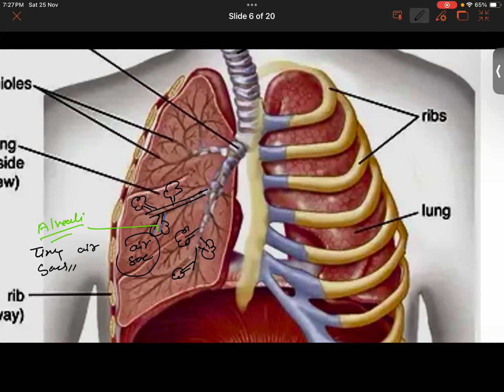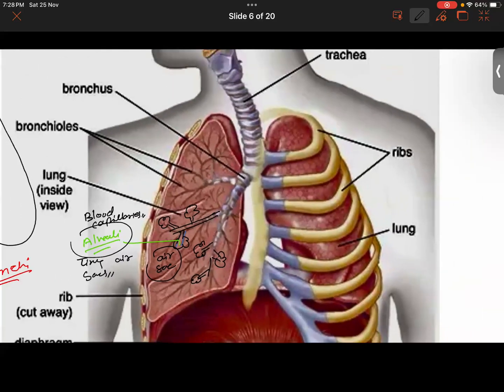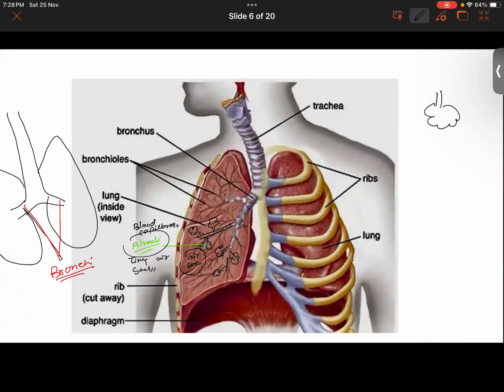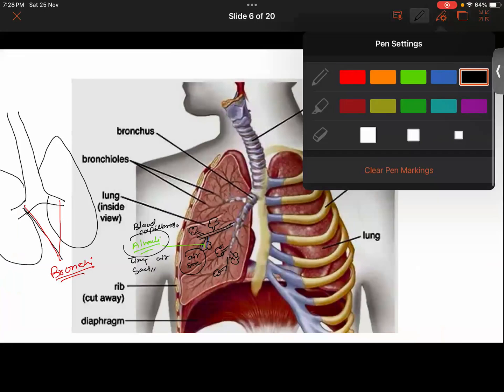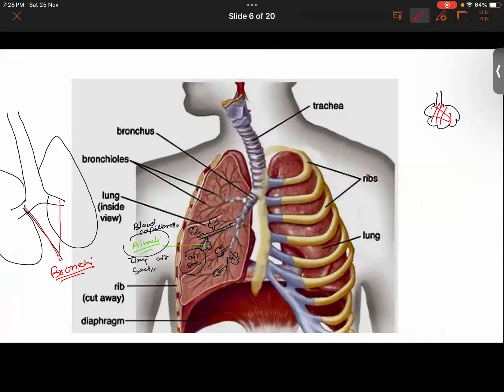Sure. Look over here. This alveolus is rich in blood capillaries. You know about blood capillaries, I hope. Yes, sir, I'm learning it in the second chapter. Good. So let's say we have taken one alveolus over here, and it is rich in blood capillaries.